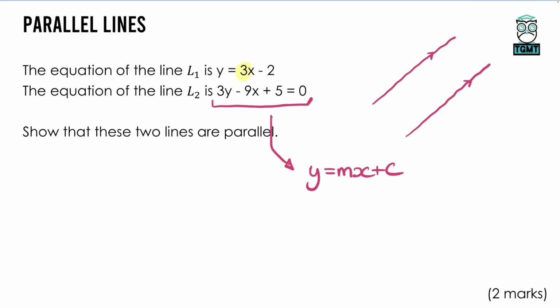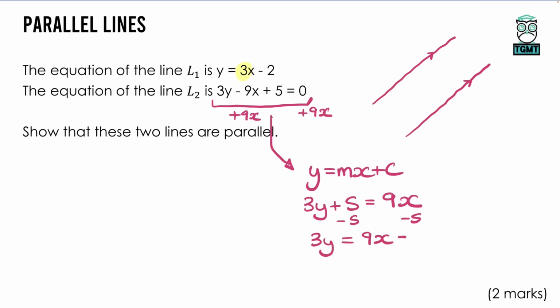I'm going to start by moving the 9x. So I'm going to add 9x to the other side. We have 3y plus 5 is equal to 9x. I'll also move the 5, so minus 5 to the other side. We get 3y is equal to 9x minus 5. And now I need to divide by 3.